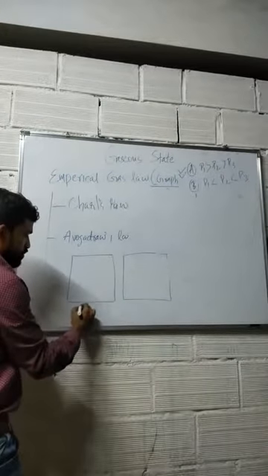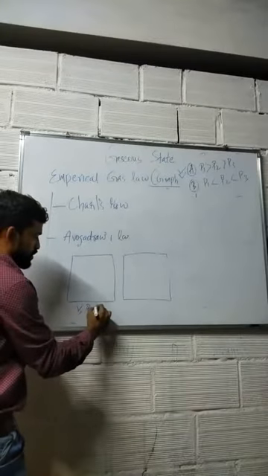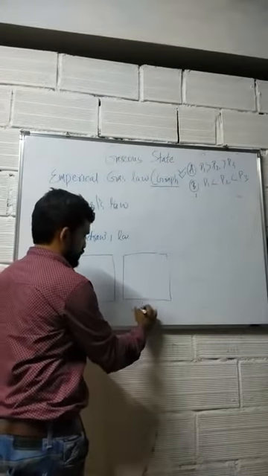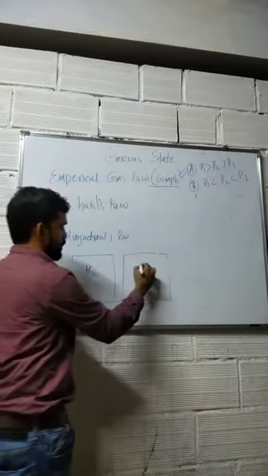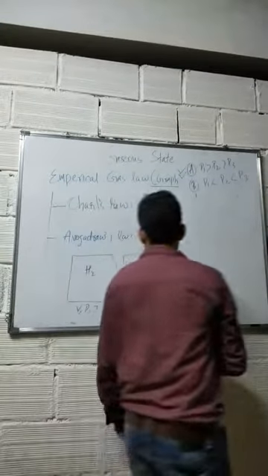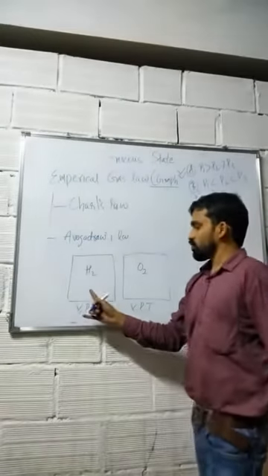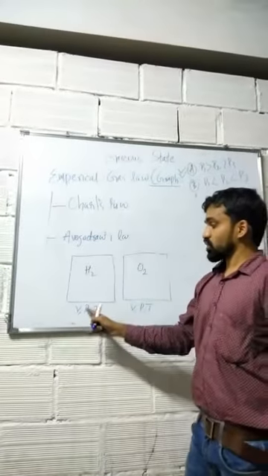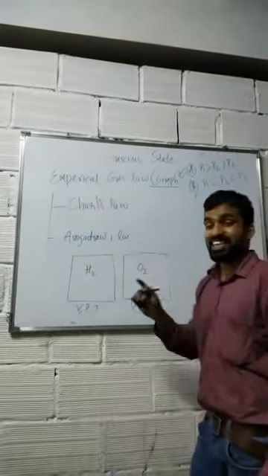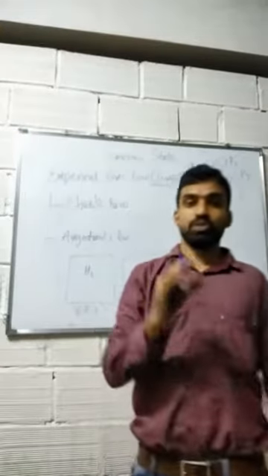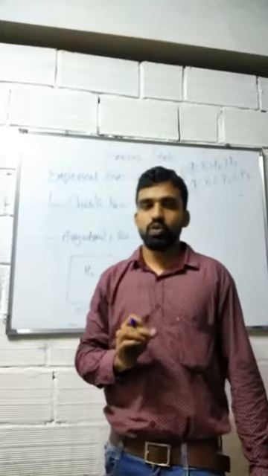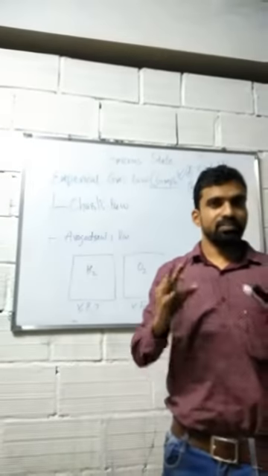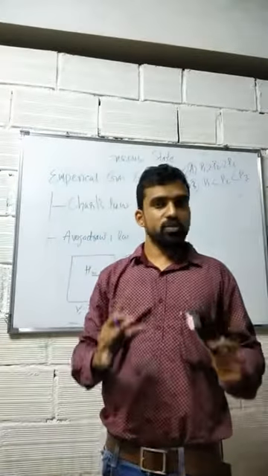Suppose here is H2 and here is O2. Equal volumes of all gases at a constant temperature and pressure contain an equal number of molecules, or equal amount, equal number of moles. That is also another definition of Avogadro's law.